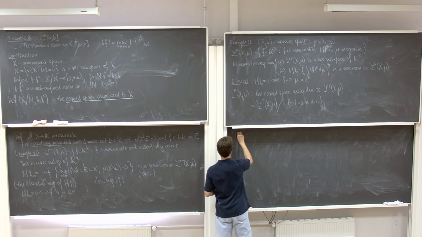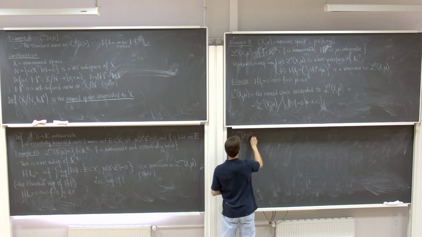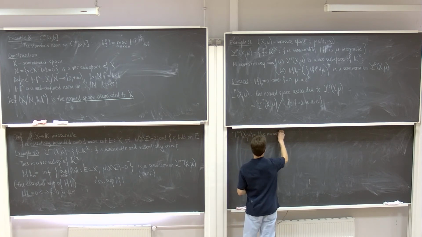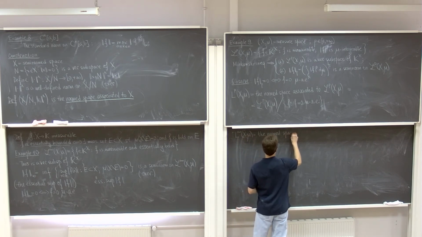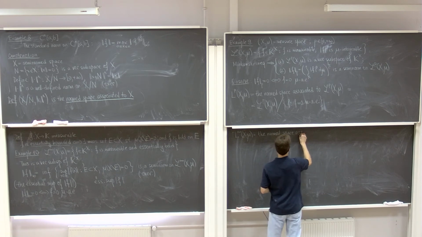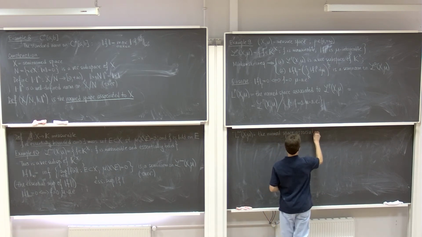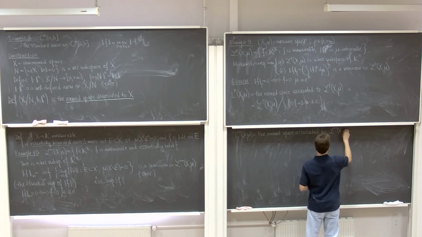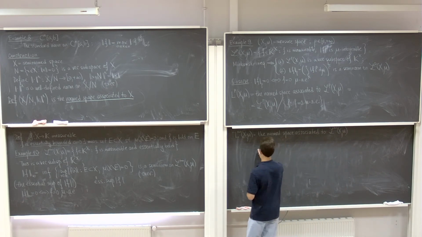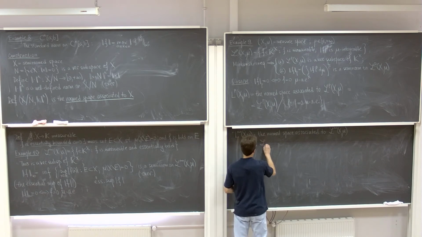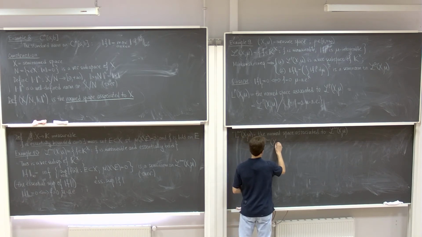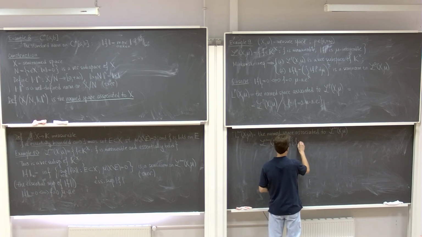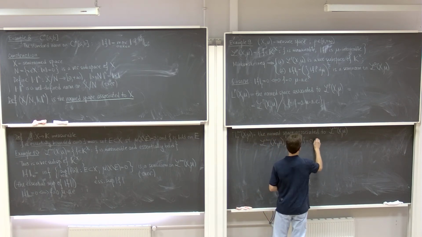So we define L infinity of X, mu to be the norm space associated to script L infinity. More concretely, this is the quotient of script L infinity modulo the subspace of those functions which vanish almost everywhere.